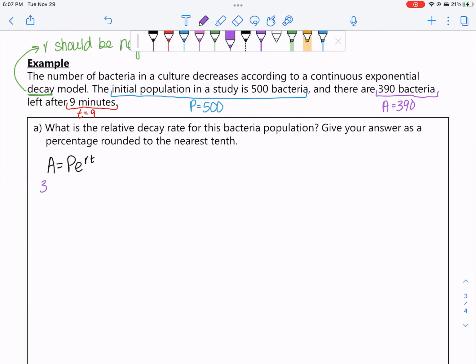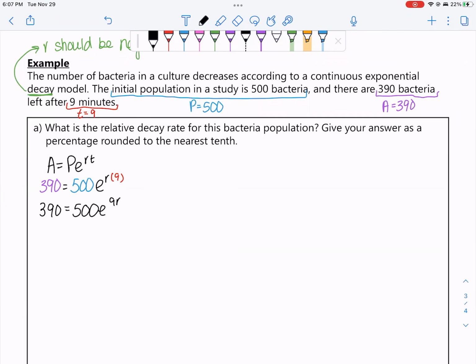So A is 390, equal to 500 e to the, we don't know what r is, we're trying to figure that out, rt, so 9 is t. We have 390 equal to 500 e^(9r).